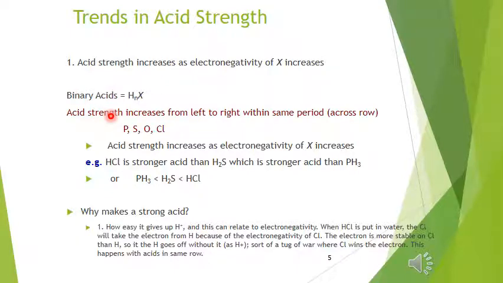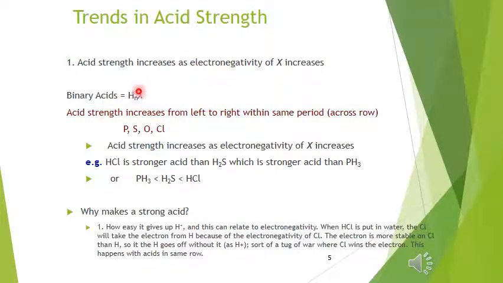This should be flipped, with this one further to the left and this one further to the right, and maybe I'll do that after I'm done with this video. But chlorine has a higher electronegativity than selenium. It's further to the right.